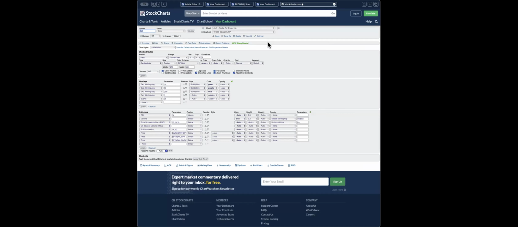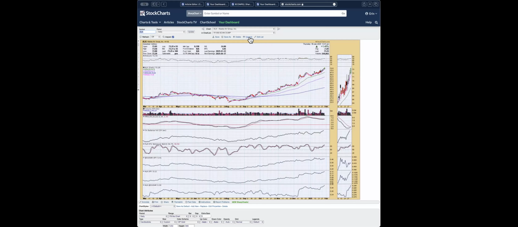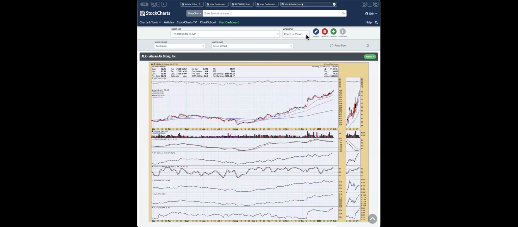All right, so I ran my scan earlier and I had 21 stocks come up. And what I like to do when I do my scans is on stockcharts.com, I put all of the stocks in a chart list. In this case, I call it scan dump. So I run scans, I put them in the scan dump chart list because that chart list is going to change after every scan I run.